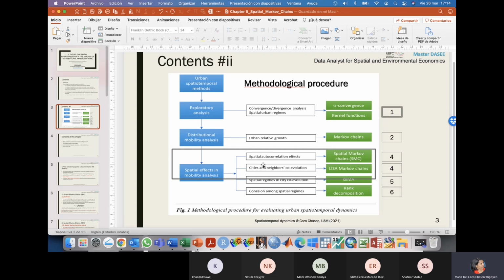And particularly, as you can see, in this part of the procedure. So the only part that I won't be able to explain to you during the classes are these 2 ones, spatial regimes with city coevolution and cohesion among spatial regimes. So we have more or less covered all the methodological procedure.